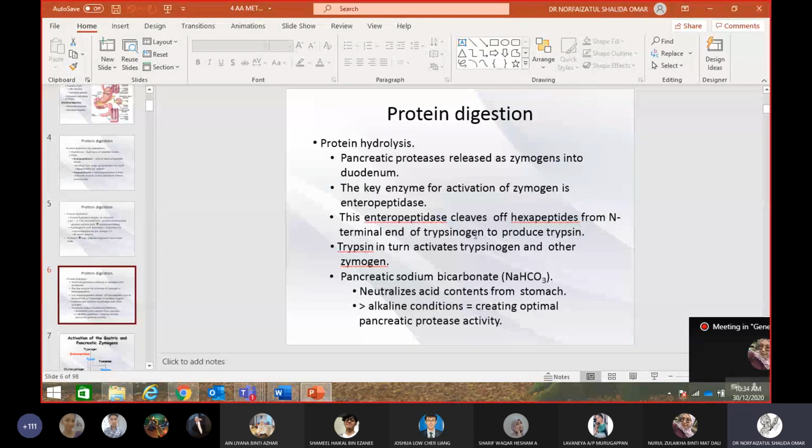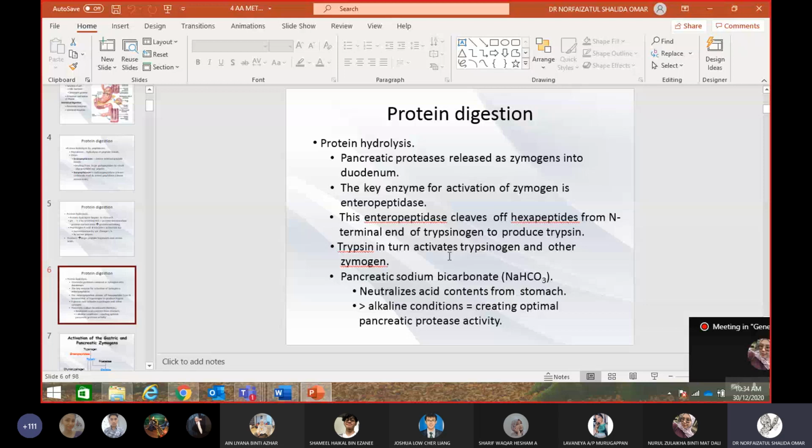So this is on the activation of the enzymes. Like I mentioned, all the enzymes are in the inactive form. So HCl activates the enzyme and produces enteropeptidase so that it can activate trypsinogen to become trypsin. Trypsin in turn activates trypsinogen and other zymogens.